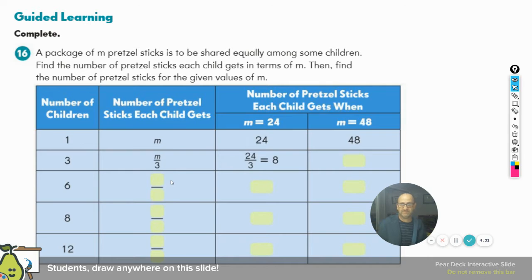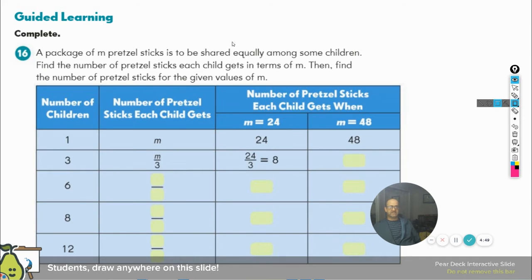All righty. So this is the same thing we did yesterday, kind of filling out the chart according to the model. A package of M pretzel sticks is being shared equally among some kids. Find the number of pretzel sticks each child gets, and here's the language you have to look for: in terms of M. That means the M is going to be incorporated into your answer.